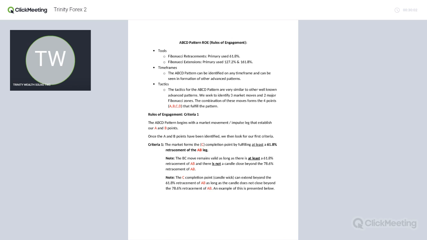Now from there you start identifying if the market is going to fulfill the criteria, and the first criteria is that the market forms the C completion point by fulfilling at least a 61.8% retracement of the AB leg.